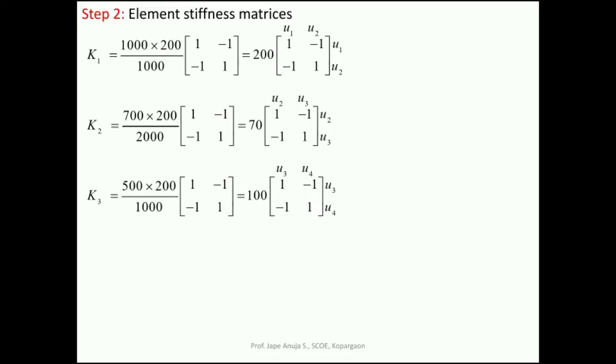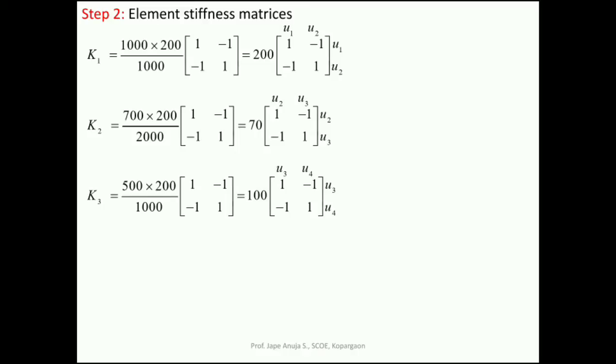Then K2, 70 into a matrix, because AE upon L is a common factor which is taken outside the matrix, and the matrix contains only 1, 1, 1, 1 with positive and negative signs. K2 is 70 into 1 minus 1, minus 1, 1, and K3 is 100 into 1 minus 1, minus 1, 1.